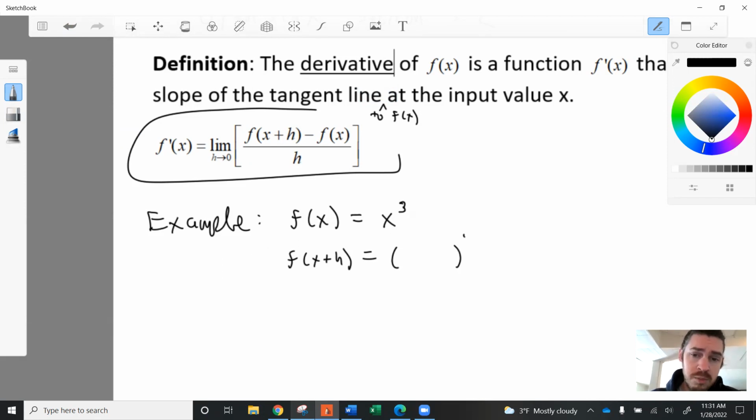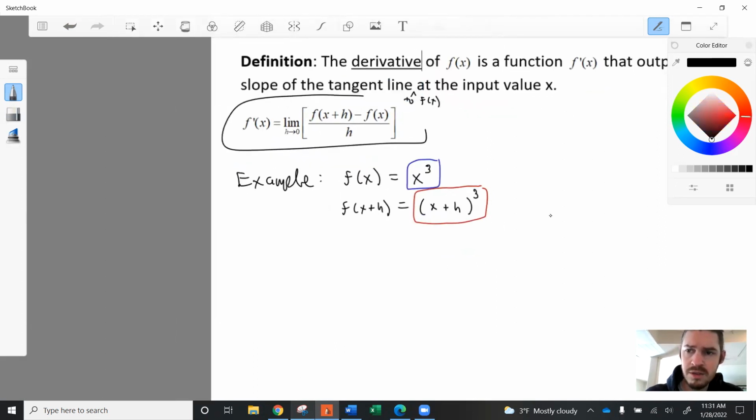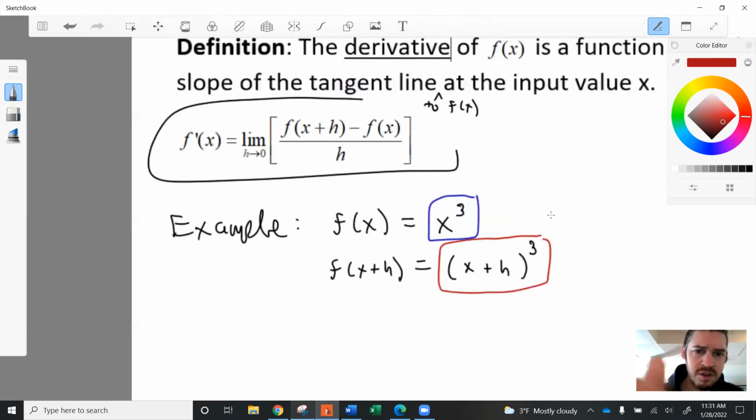So we have x cubed, and x is getting replaced by x plus h. I'm going to color code these again. Let this be the red one, and this will be the blue one. Now I want to copy this expression up here. This is where the red is going to go, and this is where the blue is going to go.